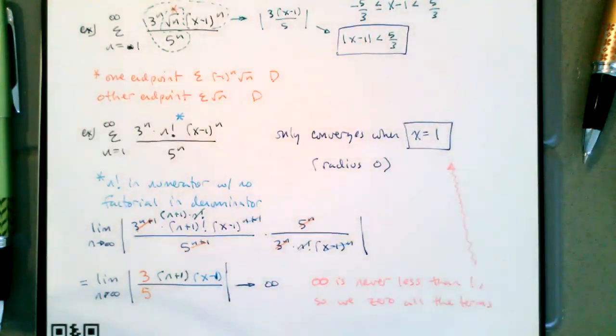So that's why we have to zero all the terms to get convergence. Any questions?